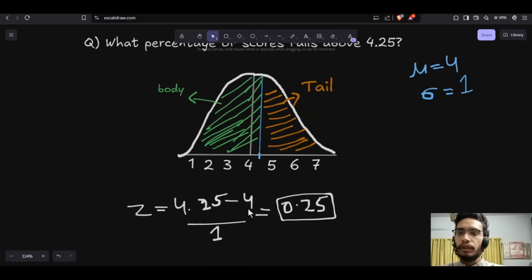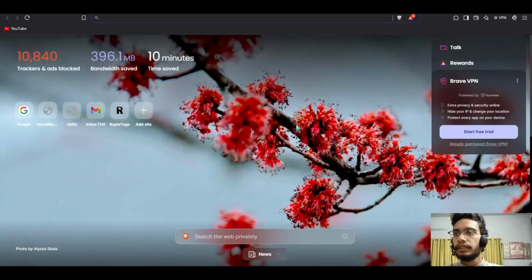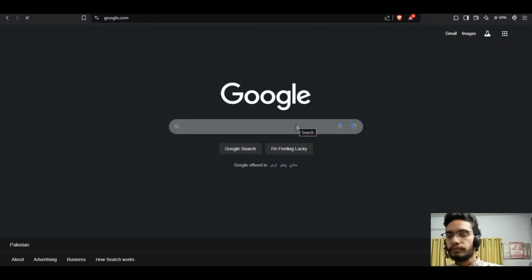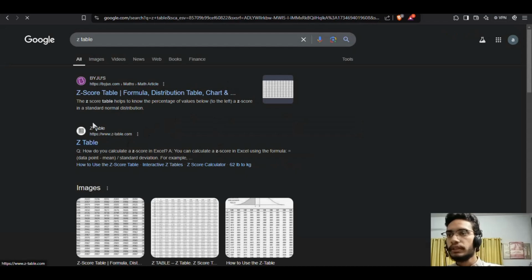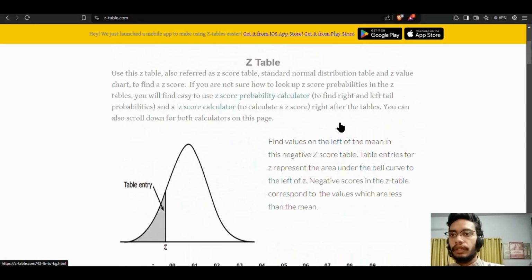Now, you got this value 0.25. What's next for you? You have to look up this value in a table known as a Z table, right? You can easily find a Z table on Google. This is the ztable.com website, and you can find it here.